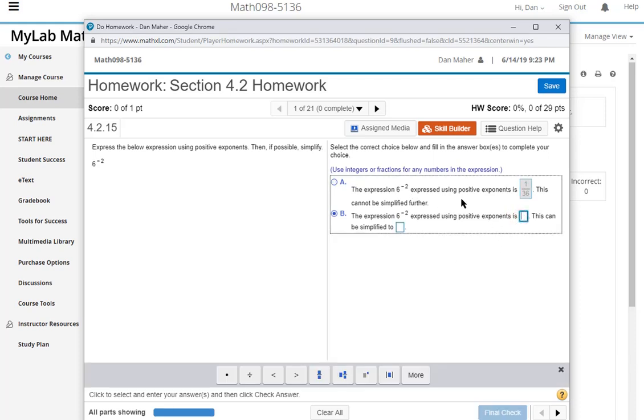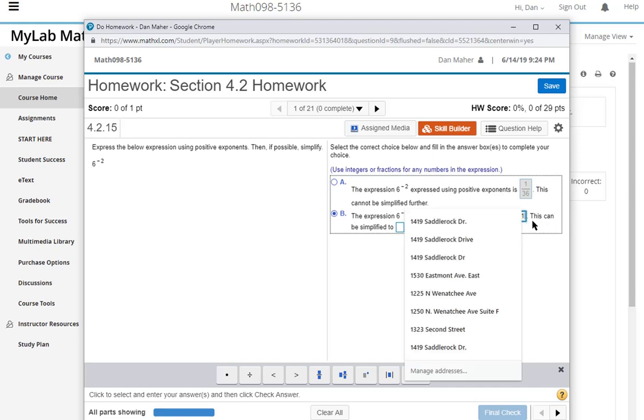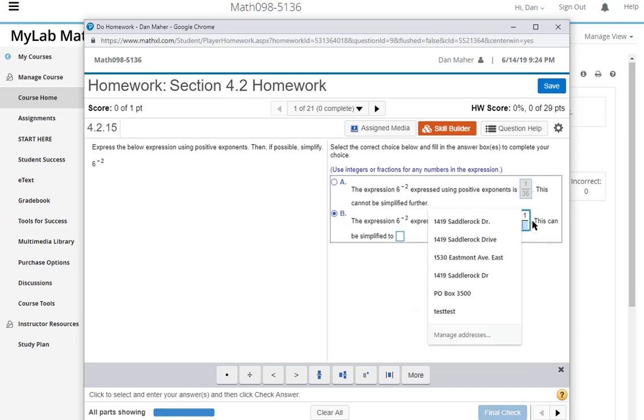And you know what I did was I didn't pick the right B or A. This should be here, and this can be simplified too. So here I should have 1/6 to the 2 power. Actually, I hit the wrong deal.